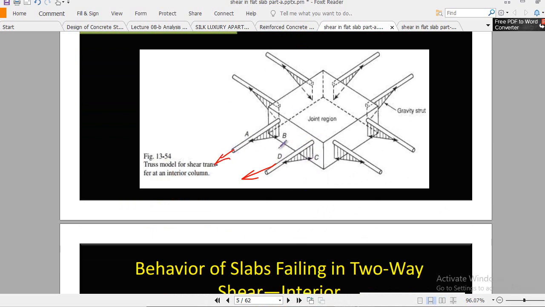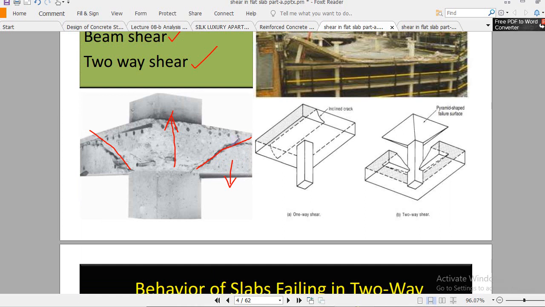Now you see here, when such a failure occurs, like such cracks occur, a strut is developed. Okay, a strut basically develops here. This portion moves in a downward direction, this portion moves in an upward direction. Now the most important thing is that this strut has two parts: the vertical part and the horizontal part. The horizontal part causes a change in the, you already know that in the column portion we have a negative moment in the top region and a positive moment in compression, okay, in the downward region.